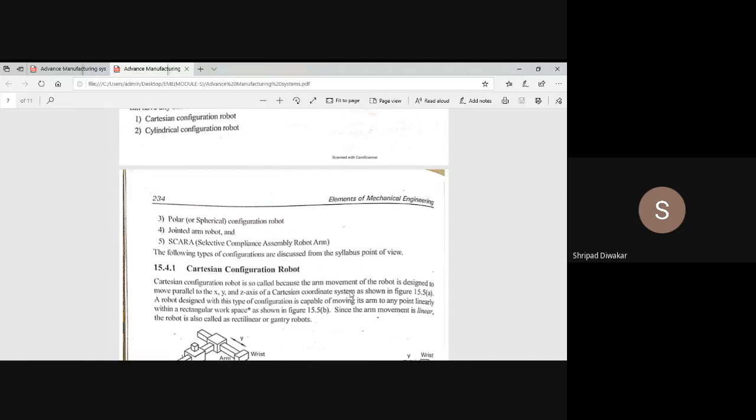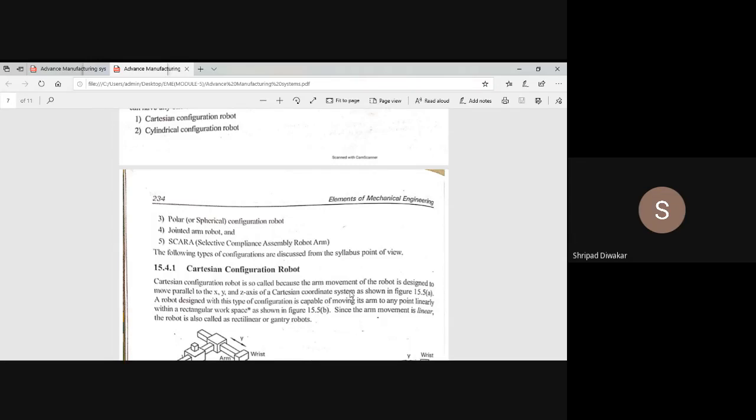First one is Cartesian configuration. Second one is cylindrical configuration. Third one is polar, also called spherical configuration. Fourth one is jointed arm. And fifth one is SCARA. SCARA means Selective Compliance Assembly Robot Arm.